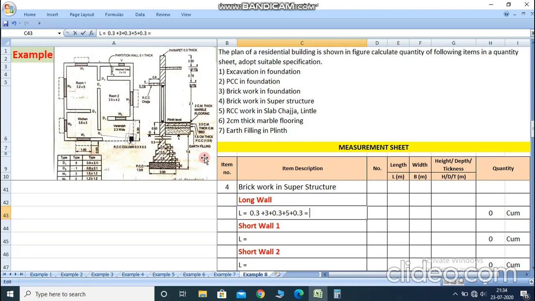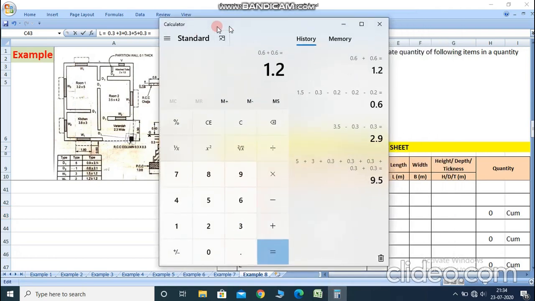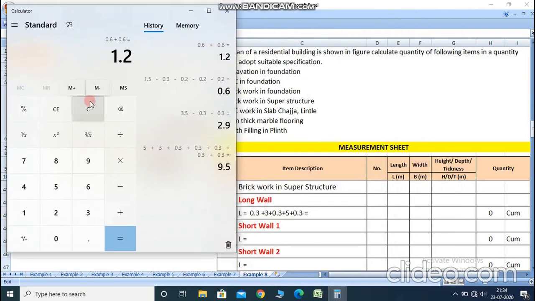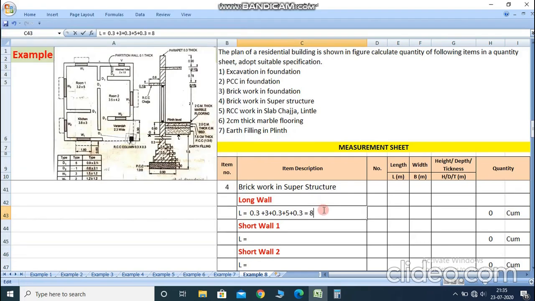So we got a total answer of 8.9 meter, the length of the long wall in the superstructure.